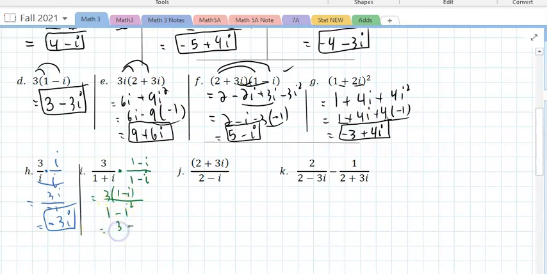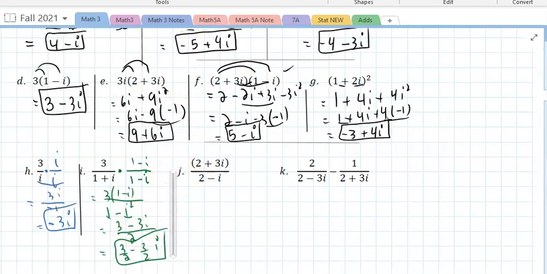That will be 3 minus 3i. And this will be 1 minus a negative 1 is plus 1. And I would write this as 3 halves minus 3 halves i. That's how the author will write it. It's a good idea to get into that habit, because that's really what we need when the time comes.